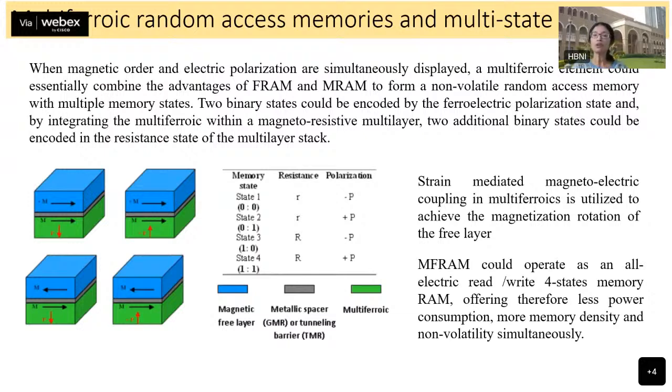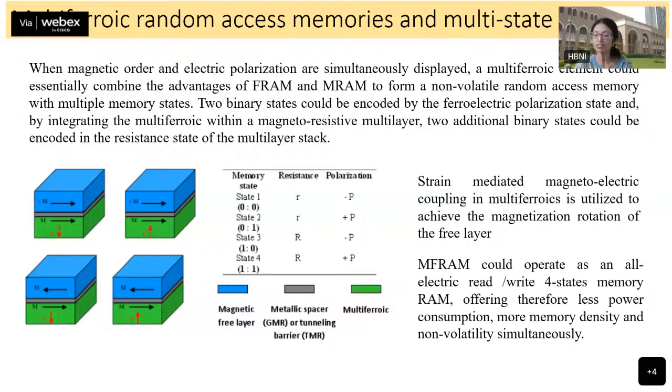Another very important application: we are now using ferroelectric RAMs. Instead of that, if you use a multiferroic random access memory, then two binary states could be encoded by the ferroelectric polarization state, and by integrating the multiferroic within a magnetoresistive multilayer, two additional binary states could be encoded in the resistance state of the multilayer stack.